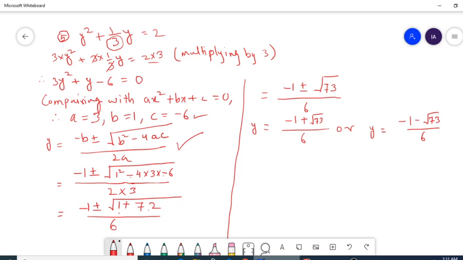If it is possible, you can try the splitting middle term method. If it is not possible, you can use the completing square method or formula method, because these two methods are universal methods which can be applied to any kind of quadratic equation to find its roots. Hope you have understood.